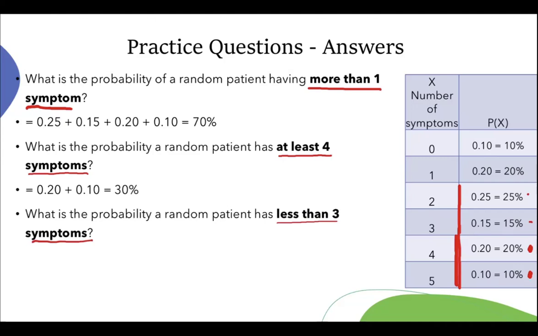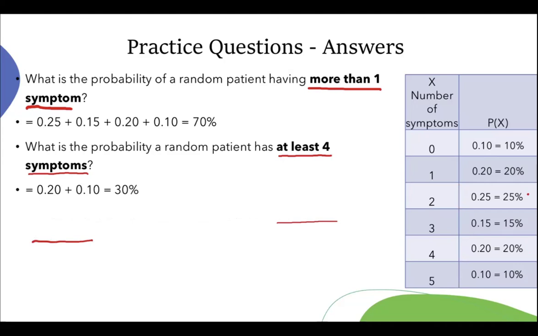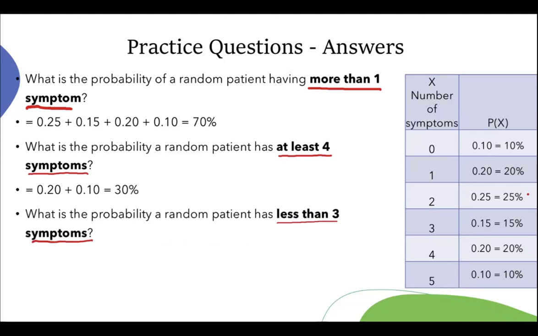What's the probability a random patient has less than 3? Less than 3 does not include the number 3. Let me erase what's here on the board so it isn't more confusing. It's already a tough topic, so I'm trying to keep it as basic as possible. Numbers that are less than 3 are 2, 1, and 0.